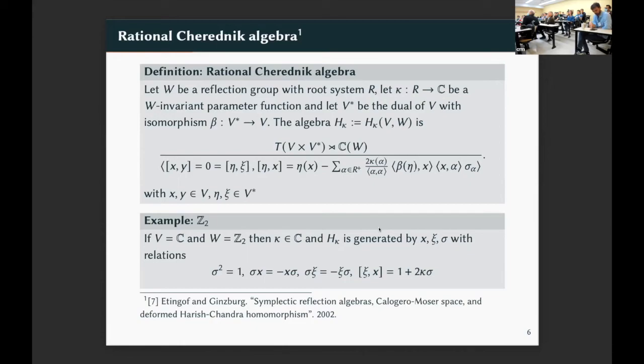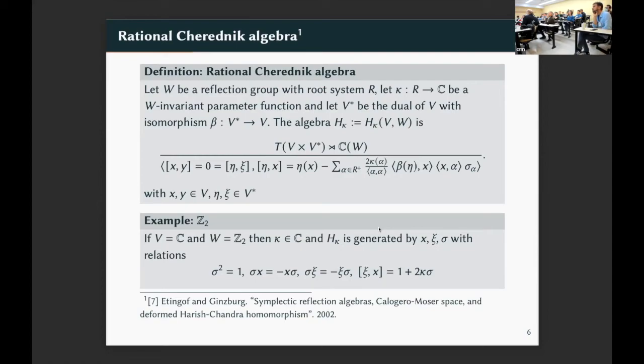So you want the elements of V to commute with each other, the elements of V* to commute with each other, and the commutation relation between elements of V and V* is given by this sum over the weighted elements of the root system.